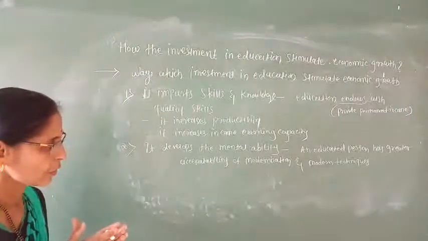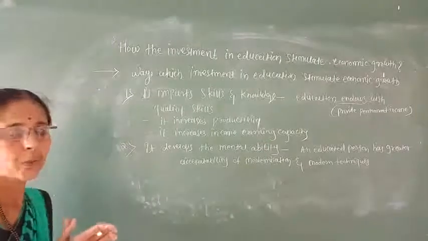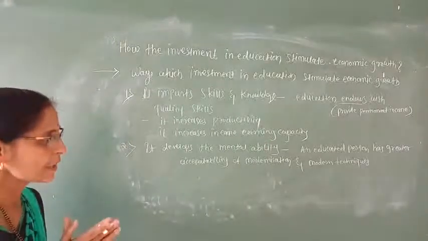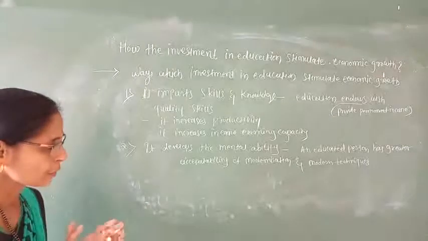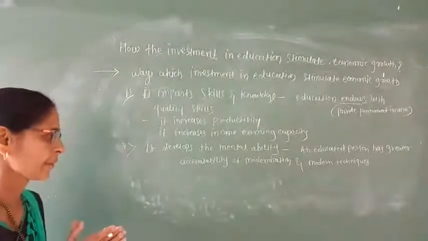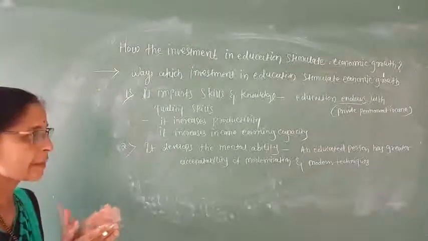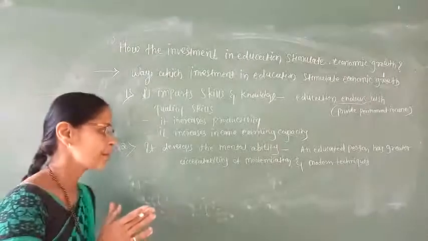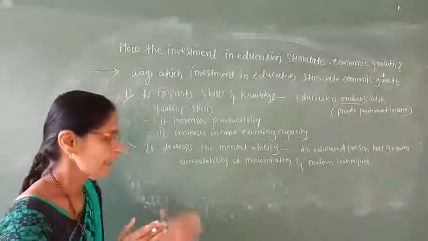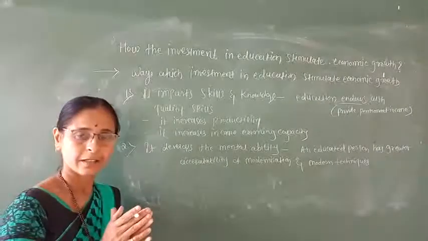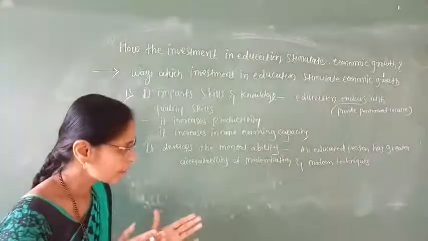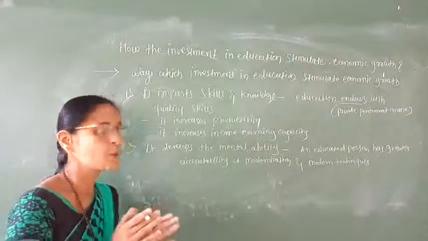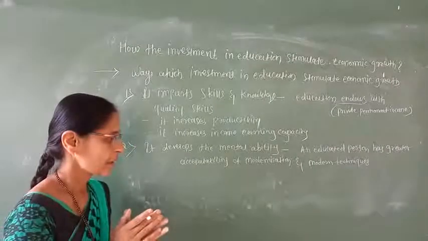and also he knows how it is useful or how it helps development. Means an educated person has a greater acceptability of modernization. He accepts the modern techniques, means the modern machinery, tools, equipment. Why?